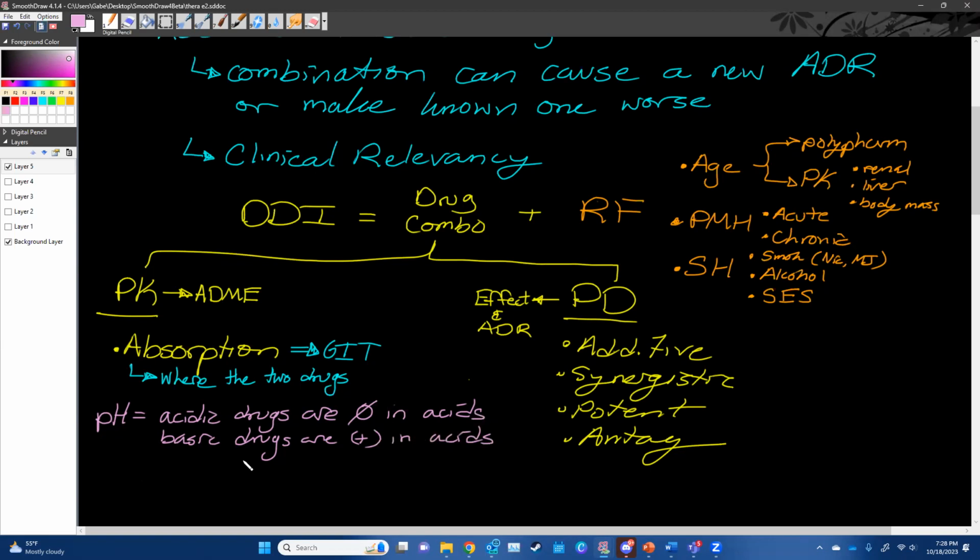So if we're talking about absorption, for an acidic drug, would we want it to be neutral or positive? Neutral. Only uncharged substances get absorbed into the body, which means that for acidic drugs, we want to keep the stomach very acidic. For basic drugs, if we make the stomach too acidic, then we end up charging it, and now it can't enter into the body. So we have lots and lots of potential drug interactions here.